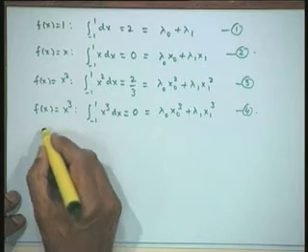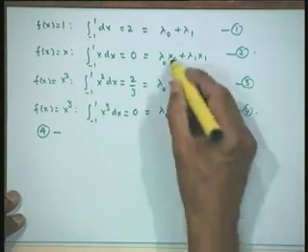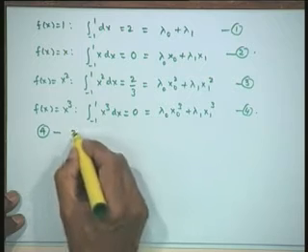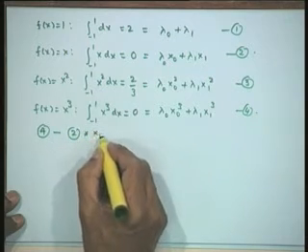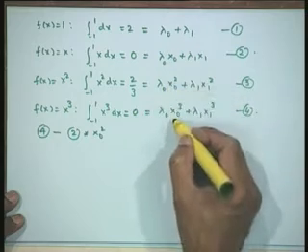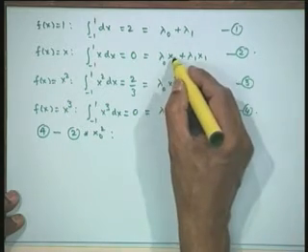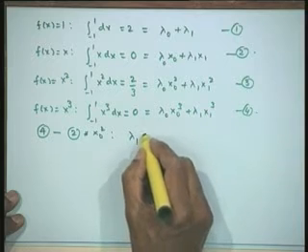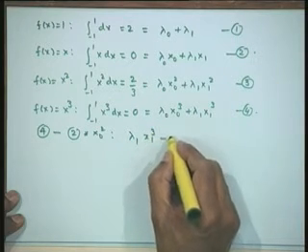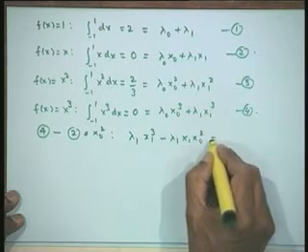So what I would do is take equation 4 and subtract equation 2 multiplied by x naught squared, to eliminate the first coefficient. Lambda naught x naught cubed cancels. So what I will have here is lambda 1 x 1 cubed minus lambda 1 x 1 x naught squared is equal to 0.